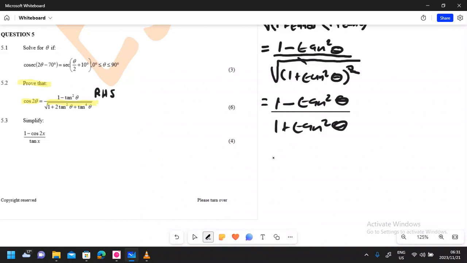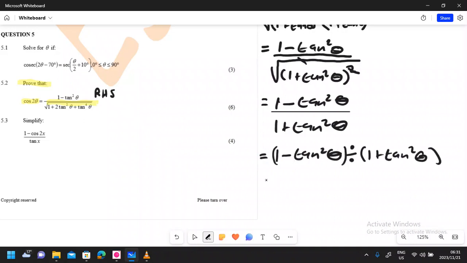I always try to rewrite this so that we can solve this one. The numerator is 1 minus tan squared, and then instead of writing this line here, rather write division here, which is 1 plus tan squared theta. So this is our denominator.